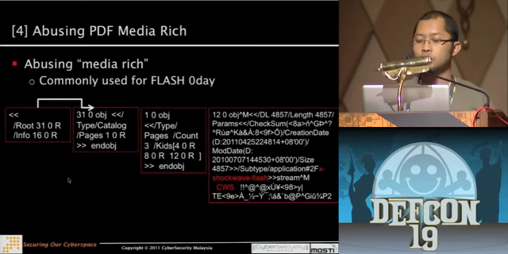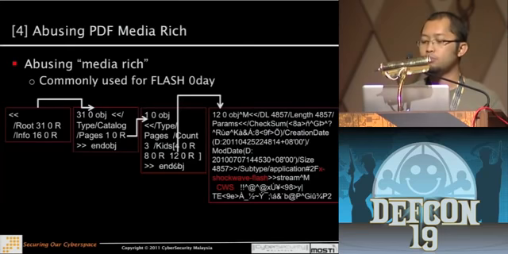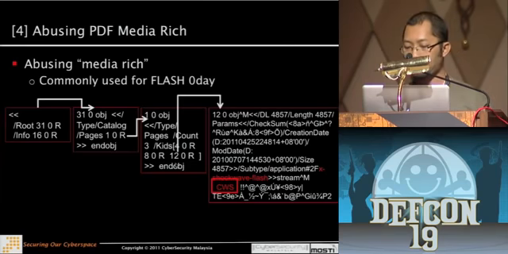You check /Root is pointing to object 31, and then object 31 has the Pages pointing to page object 1. So you go to object 1 here, and then you have the page. And the page somehow has a reference to object 12. You go to object 12, and object 12 somehow has a Flash file on top of it. Okay.